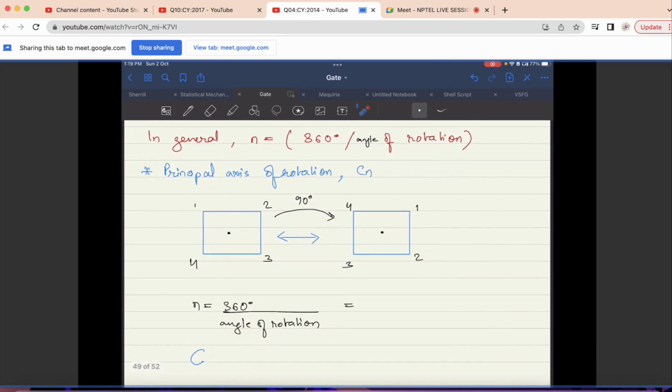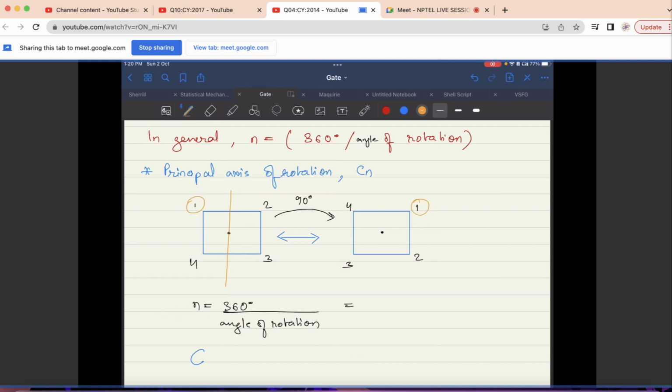If you see this example, this is a square where I tag 1, 2, 3, 4 to the edges. This is my particular axis, and I am doing a 90-degree rotation, so my 1 will go from here to here.